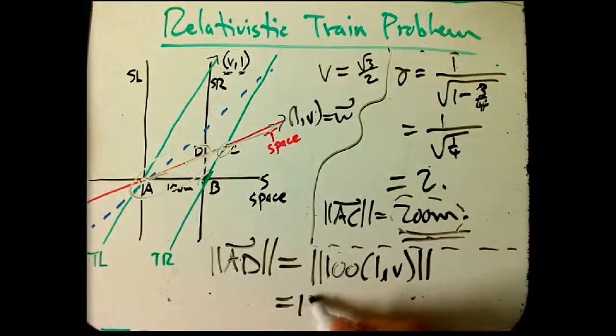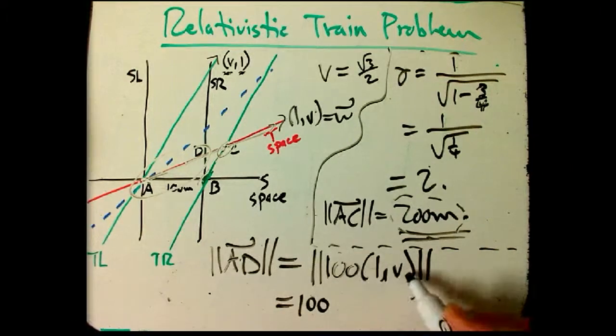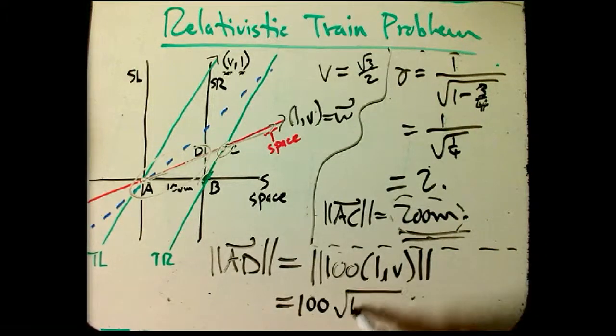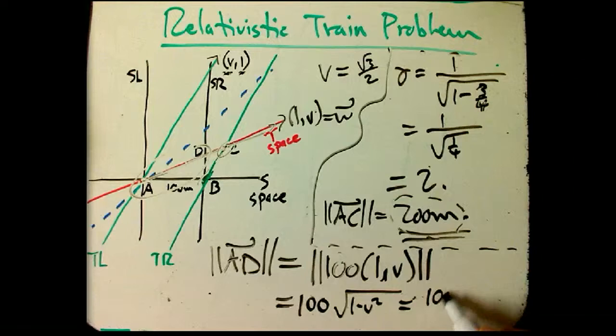Okay, so the 100 comes out, surprise, surprise, and I get the magnitude of (1, v). Oh, hey, that's the square root of 1 minus v squared. That's 1 over gamma. And so you get 50 meters, because the gamma is still there, it's the 2. Okay. And so that is where that kind of symmetry comes in.